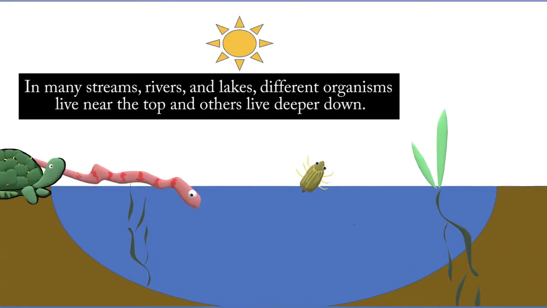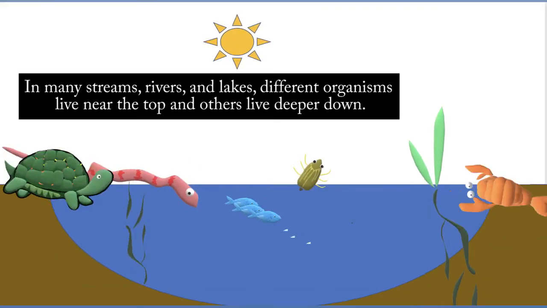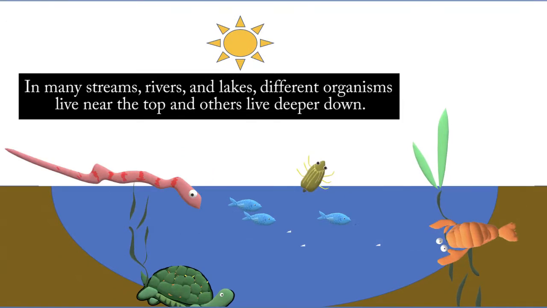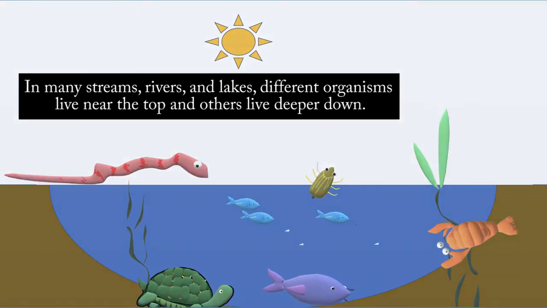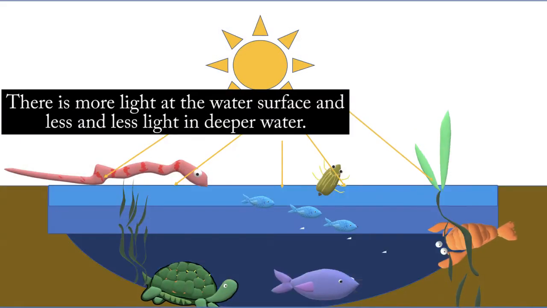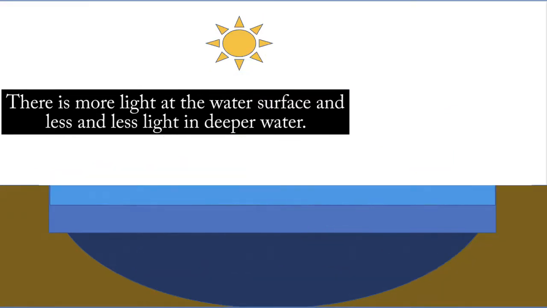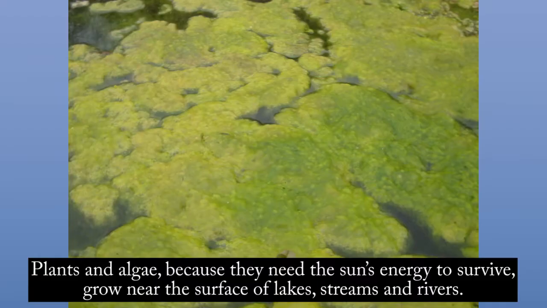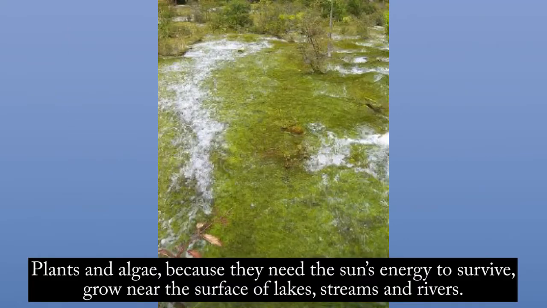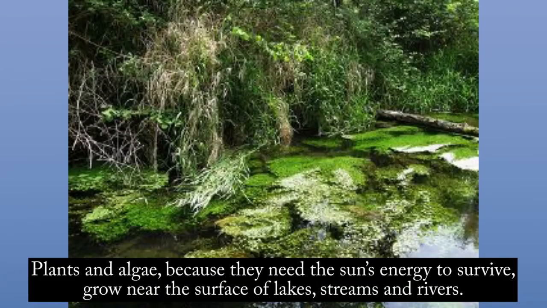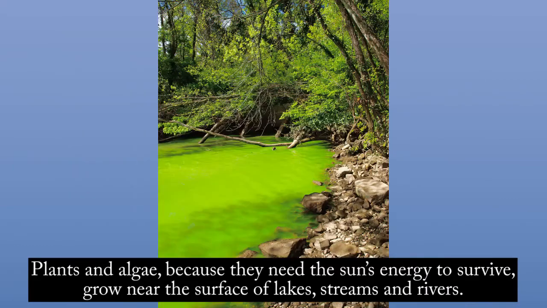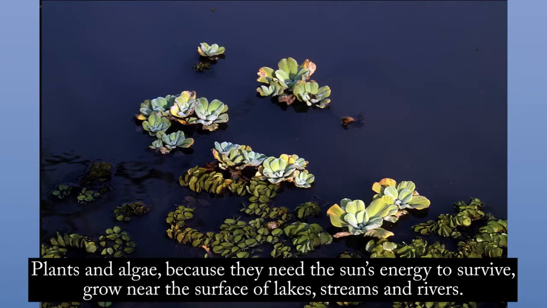In many streams, rivers, and lakes, different organisms live near the top and others live deeper down. There is more light at the water surface and less light in deeper water. Plants and algae, because they need the sun's energy to survive, grow near the surface of lakes, streams, and rivers.